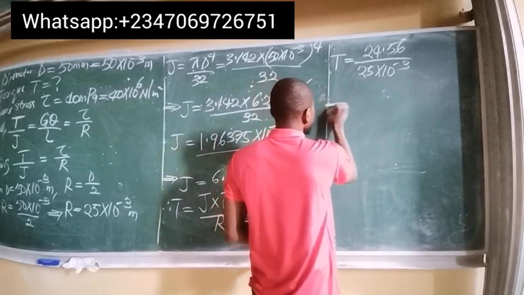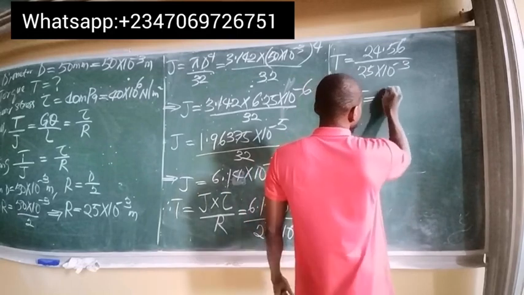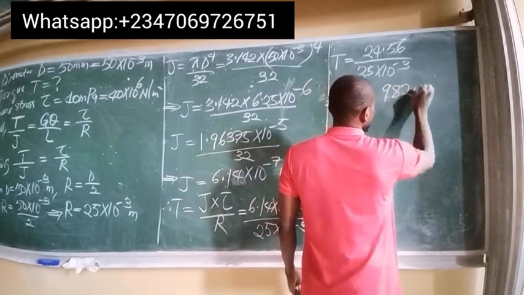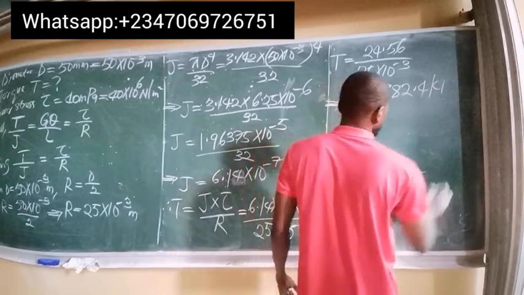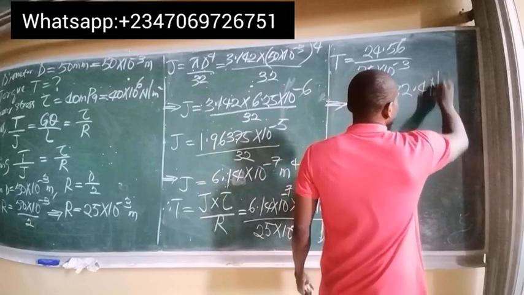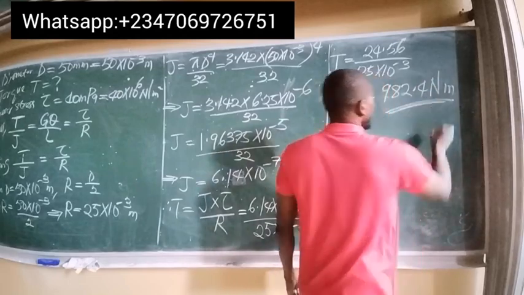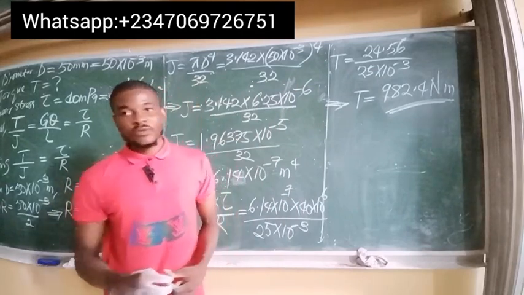If you do this, you simply obtain the torque. That implies that the torque is simply 982.4 newton meters. So that becomes the torque T transmitted by the shaft.